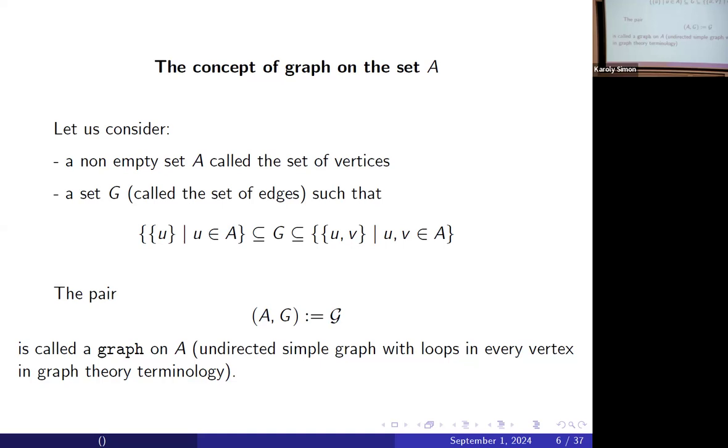And then we have a set G, which is called the set of edges, such that all the elements of G are sets with two elements u and v in A, but we want to have inside G also the sets consisting of one element u of A. So in particular, if we take u equals v, we get this one. And then the pair consisting of A and G is a graph on A.